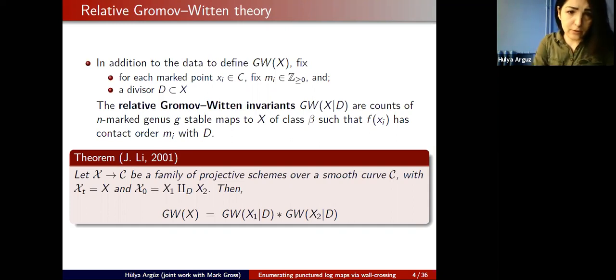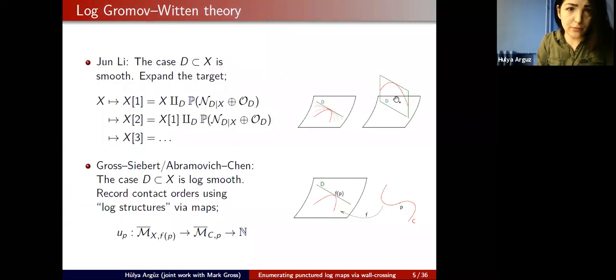So that's a particular reason relative Gromov-Witten invariants play a crucial role even while trying to compute absolute Gromov-Witten invariants.